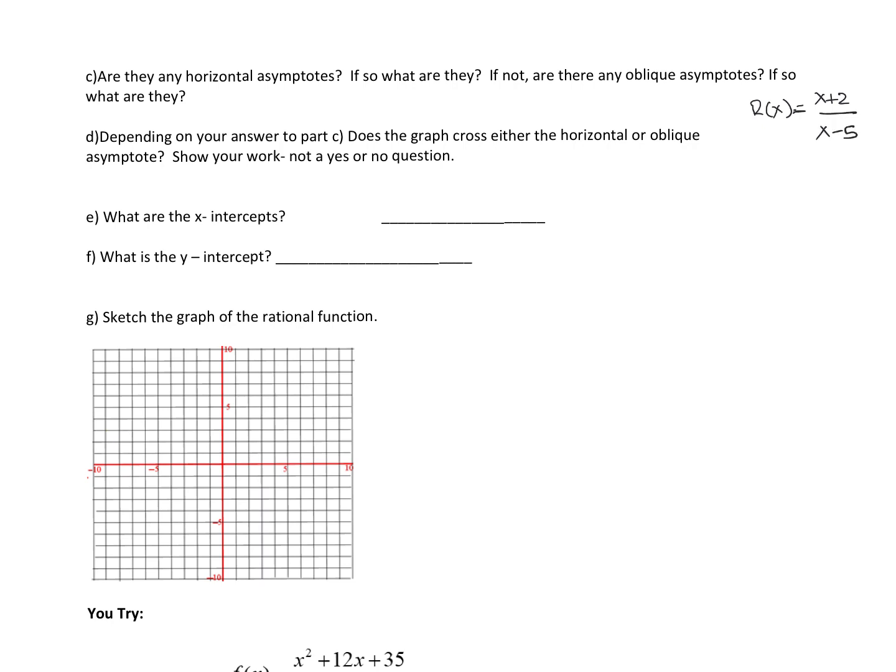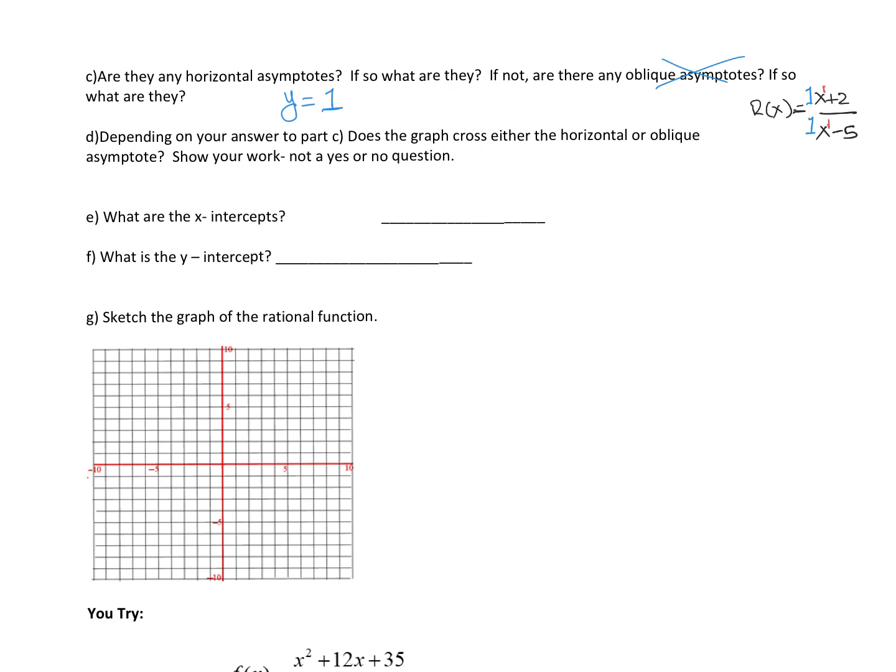And we'll notice that the degree of the numerator is 1 and the degree of the denominator is also 1. So the horizontal asymptote is going to be the ratio of the lead coefficients, which in this case is 1 over 1, or just y equals 1. We know that if it has a horizontal asymptote, it's not going to have an oblique asymptote.